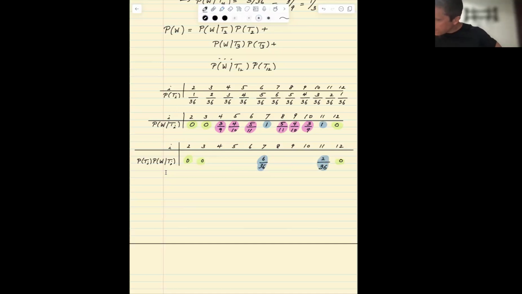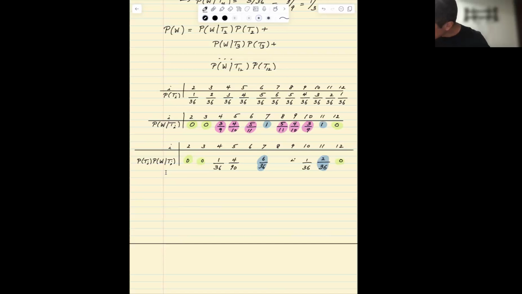For 4, it's 3/9 times 3 over 36, which turns out to be 1 over 36. That's the same for 10. And then it becomes, let's see, 1/9. Let me check my math here.